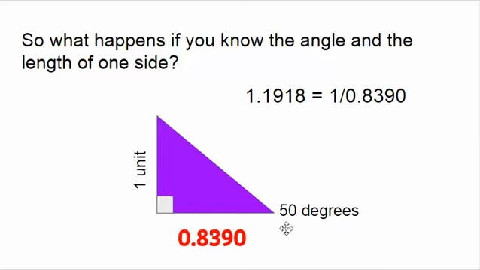This is a sketch. Don't ever trust the sketch. This is just a quick sketch that I made, and this isn't exactly 50 degrees here. So if this is 1 unit long, this length right here should be shorter in my drawing, but it's not. I intentionally made it a little bit longer so that we could call attention to the fact that sometimes you're dealing with a sketch, and you need to trust the numbers, not the sketch.